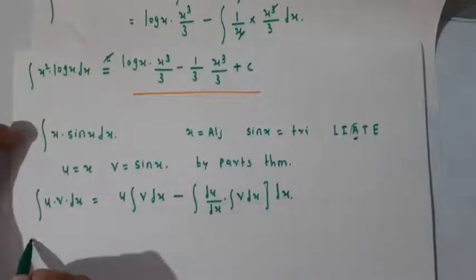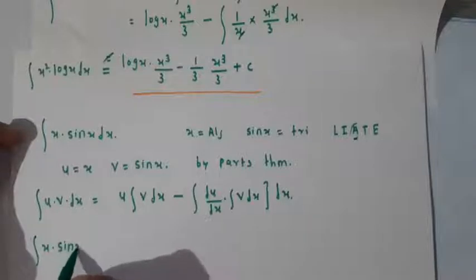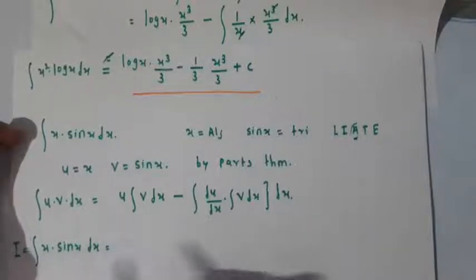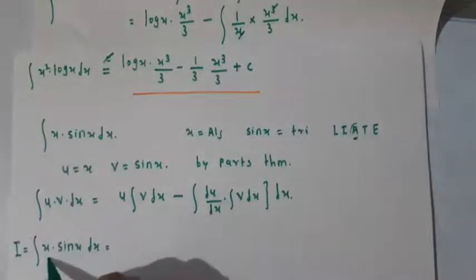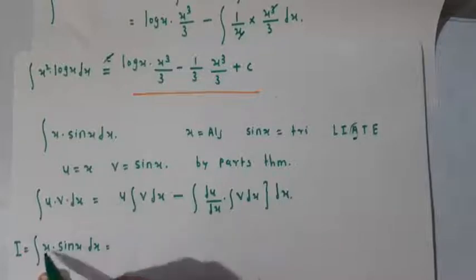So here, suppose I is the integration of x into sine of x with respect to x. Here x is u and sine of x is v.